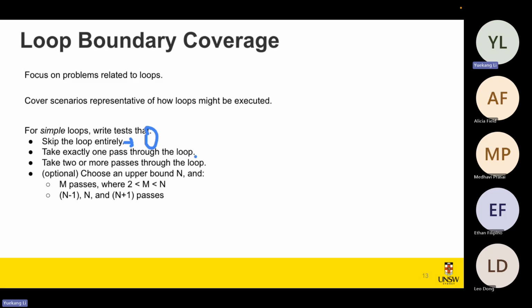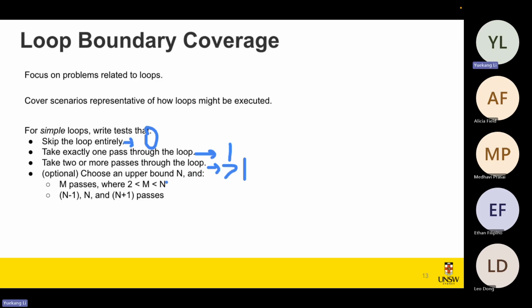And we can write a test case that takes exactly one pass through the loop, which means that we loop one time, right? And then we can write a test that runs the loop more than one time. So these are the 3 necessary tests we need to have for loop boundary coverage.